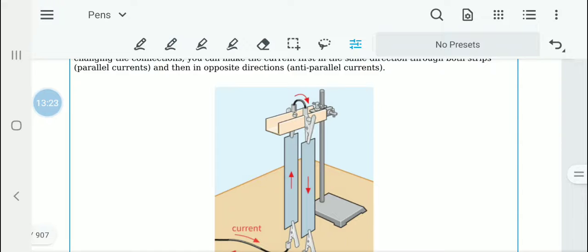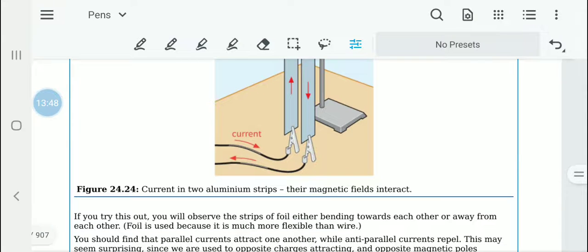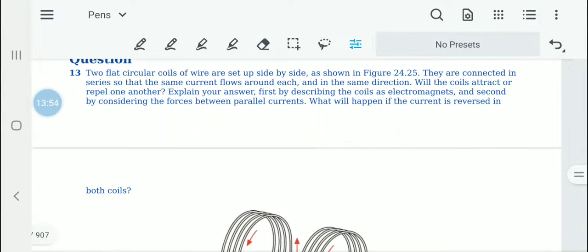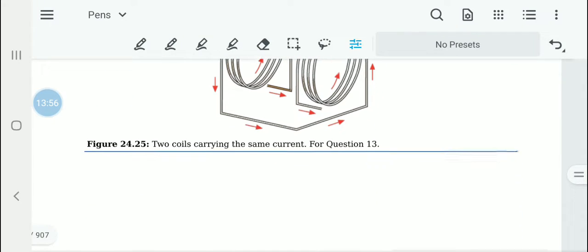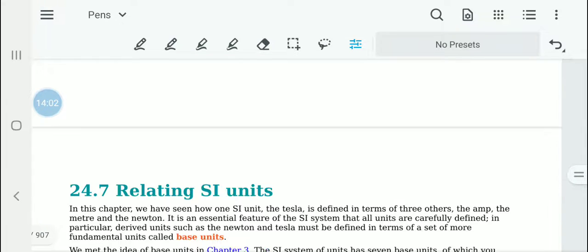Depending on whether the current is parallel or anti-parallel, we can see attraction (parallel currents) and repulsion (anti-parallel currents) between the aluminium foils. I hope you understood. If you didn't understand, ask me questions. If you understood, please do question number 13.